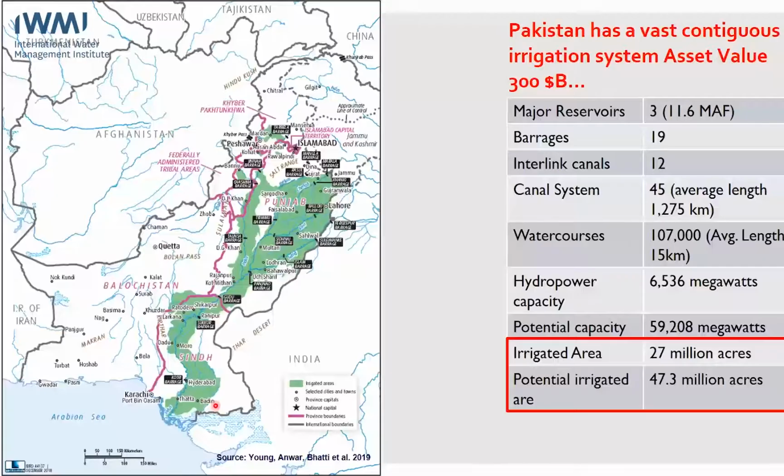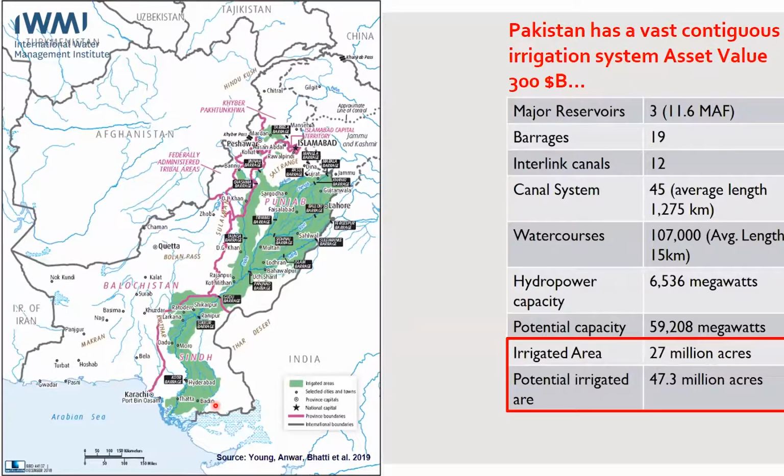So what we learned from these investments is that it's not only the investment, the hardware, which plays the pivotal role, but it's also the institutions' capacity that plays a key role in making an investment successful.